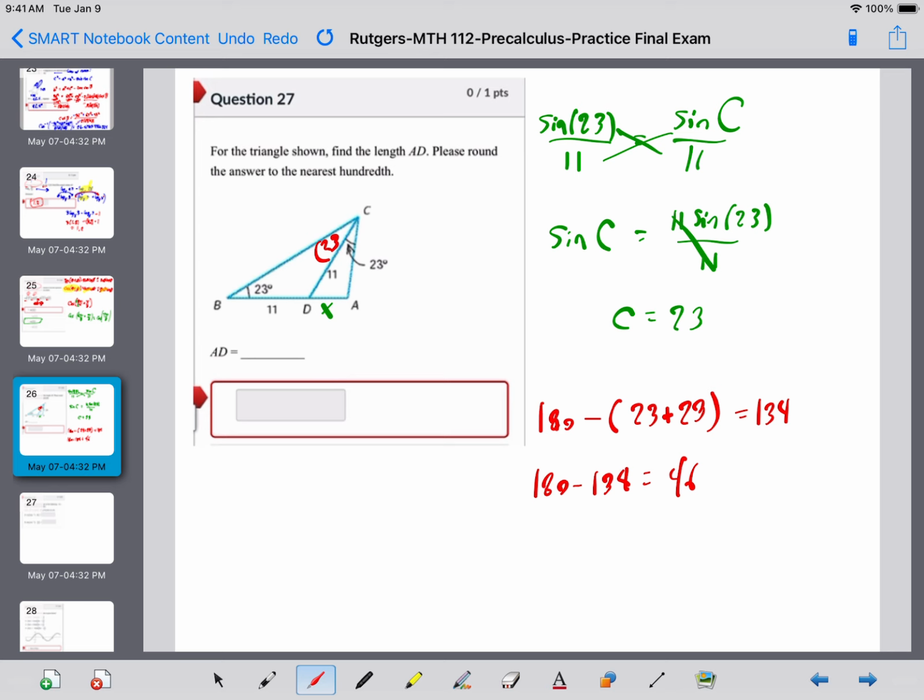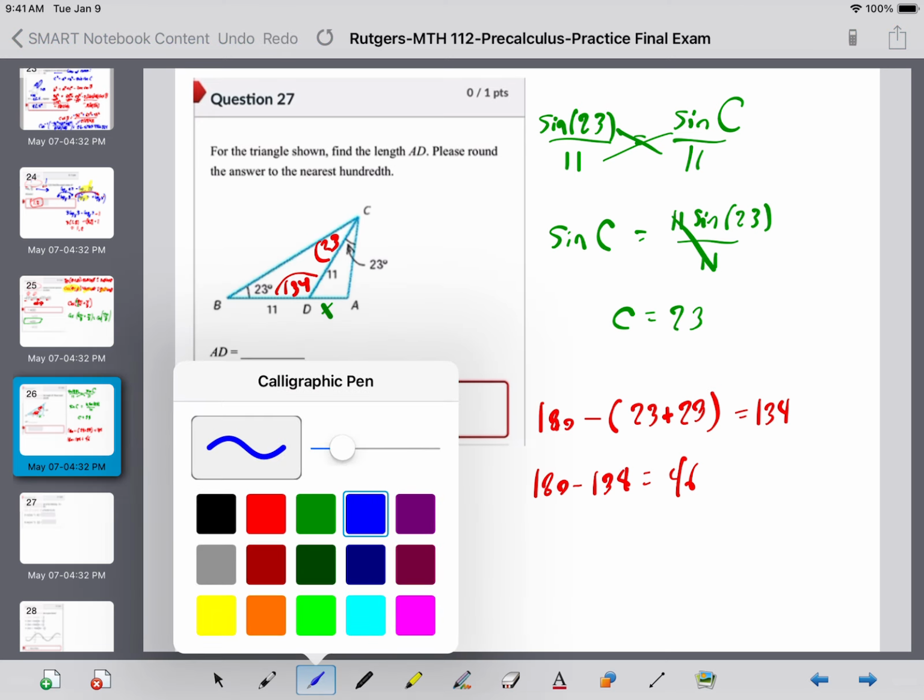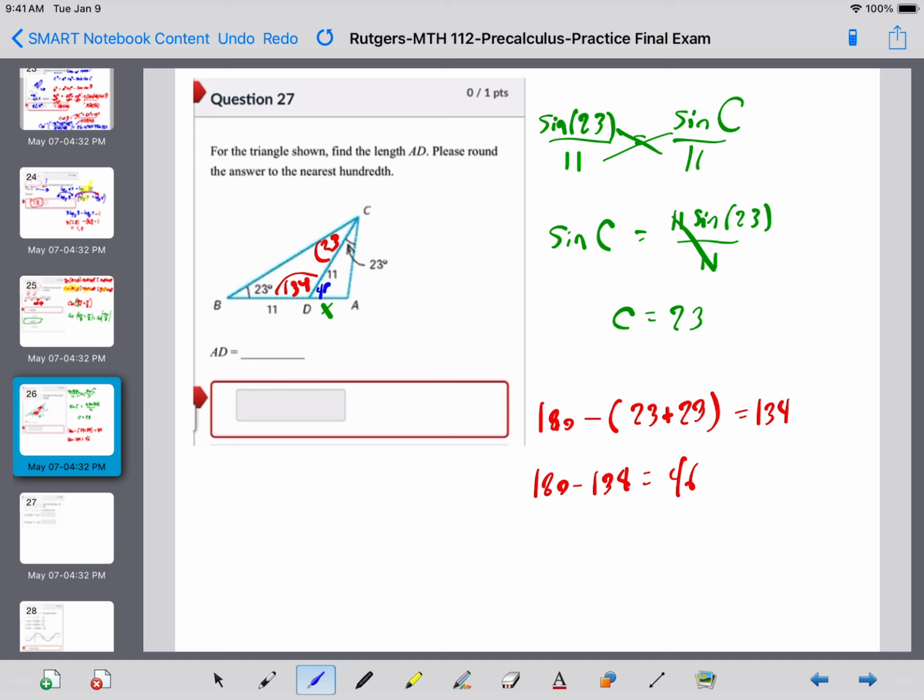We said 134. We said 46. And we know this is 23. So then 180 minus 46 plus 23 equals 111.